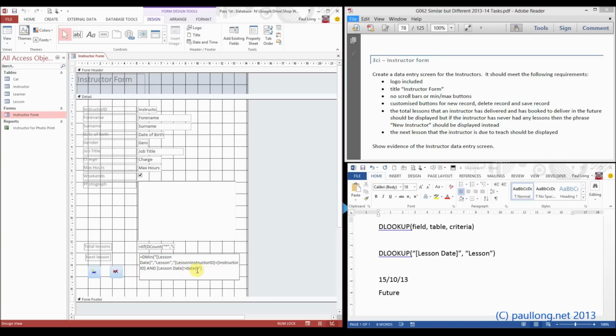Now if I put greater than or equal to today's date, that would work at the moment, but it would also come up with a lesson at 9 o'clock if we had one, because that is today's date. So what we actually need is to compare the time as well as the date. To compare the time, we use Now instead of Date, but as well as taking the lesson date, I'm going to add the time.